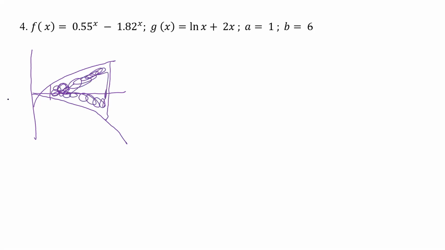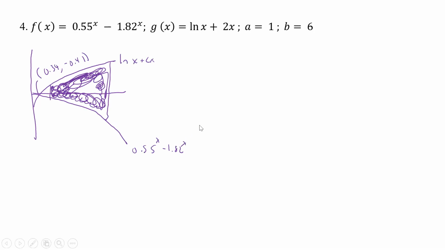Now, we needed to do an intersection look, and that was at 0.34 and negative 0.41. We knew 0.34 is here, so 1 is to the right, so when we draw a rough sketch, it has to be to the right of there. Again, this one was ln of x plus 2x, and this was 0.55 to the x minus 1.82 to the x, or f of x and g of x.